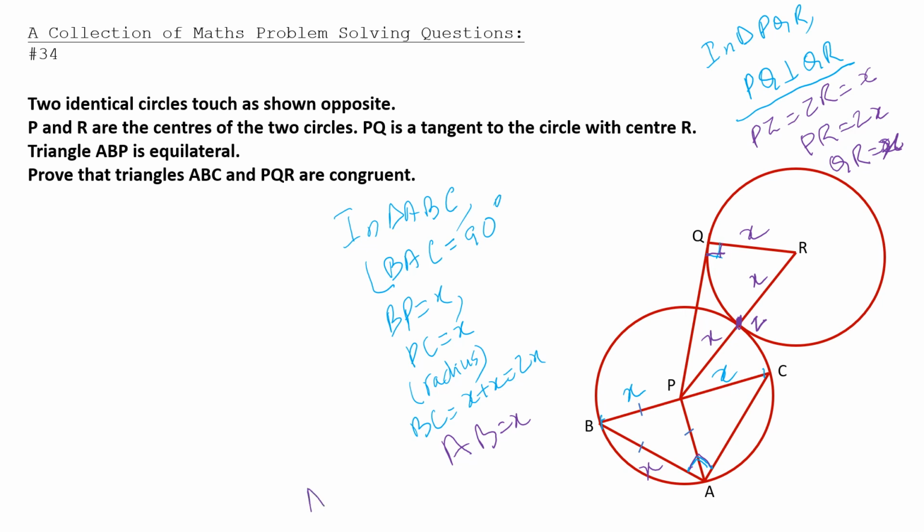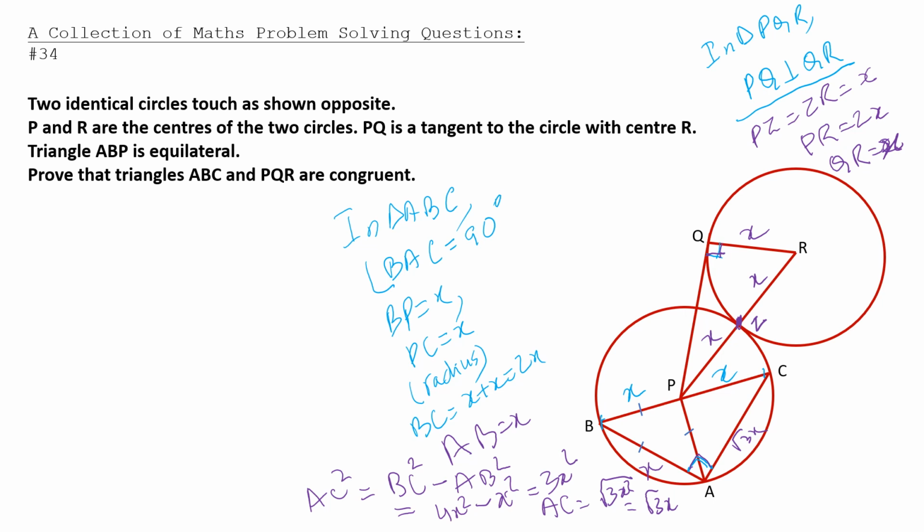AC squared equals BC squared minus AB squared, and that equals 4x squared, because it is 2x whole squared, minus AB squared, which is x squared, and that equals 3x squared. So AC would be the square root of 3x squared, and that is root 3 x. So AC equals root 3 x.